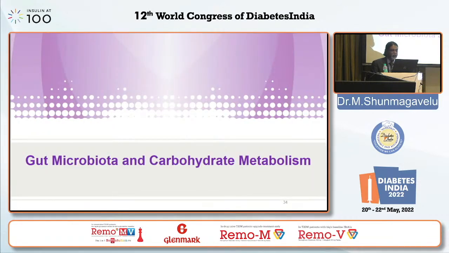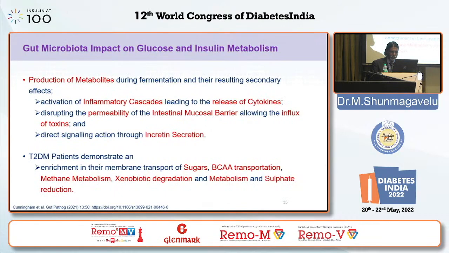So next is gut microbiota and carbohydrate metabolism. So there is production of metabolites during fermentation, through microbial action on the various foods. The resulting secondary effects include activation of the inflammatory cascades, disruption of the permeability of the intestinal mucosal barrier, and direct signaling action through insulin secretion.